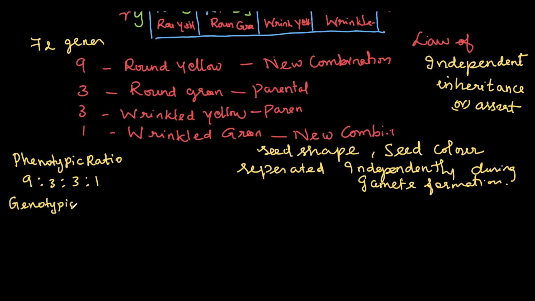You are getting the gene combination 1 is to 2 is to 1 is to 2 is to 4 is to 2 is to 1 is to 2 is to 1. So in total you can see 16 gene combinations, 16 types of gene combination.